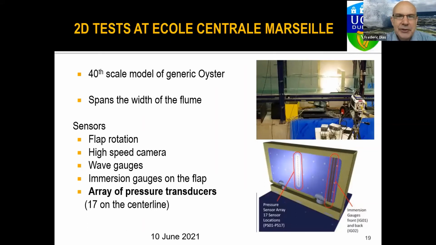So we did some 2D tests at École Centrale Marseille with a 40th scale model of this flap, and the flap now was spanning the width of the flume. There were these pressure sensors again, and also immersion gauges in the front and in the back to get the water level.